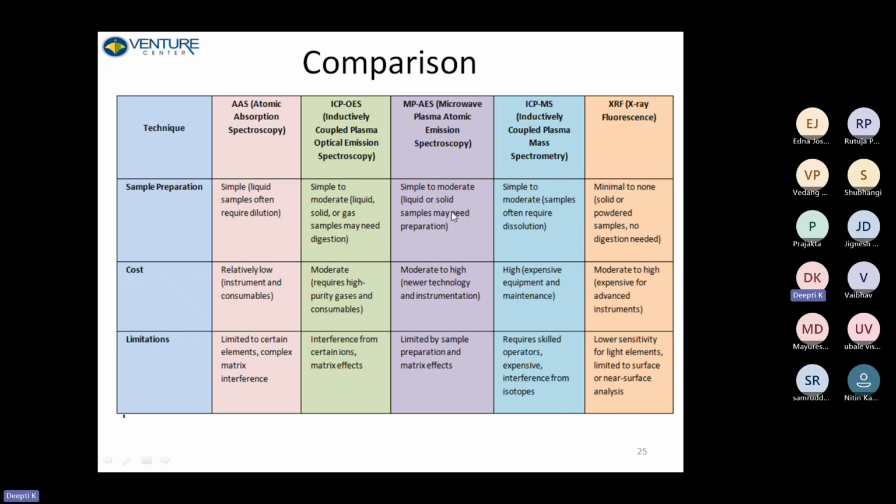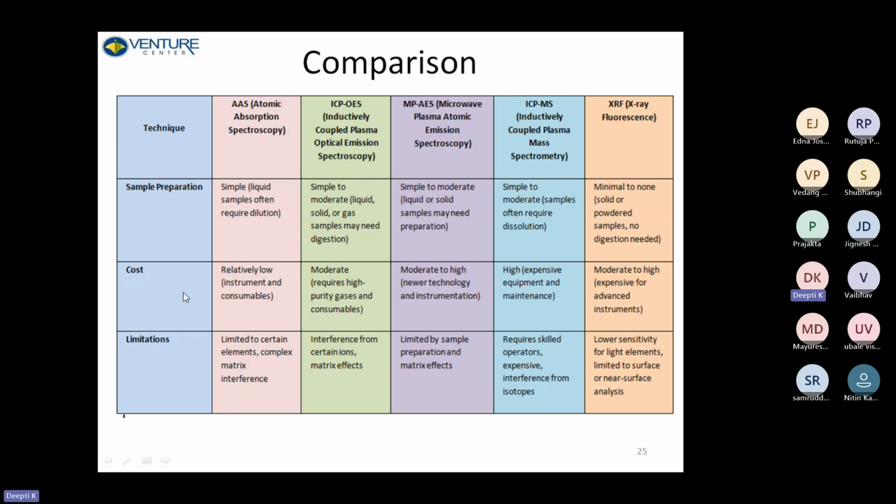So the TDS tolerance of AAS, ICP-OES, and MP-AES is slightly higher as compared to ICP-MS. In ICP-MS, the solution has to be stripped off of all the matrix components. In XRF, there is no sample preparation required, as we can measure solids and powders as well.